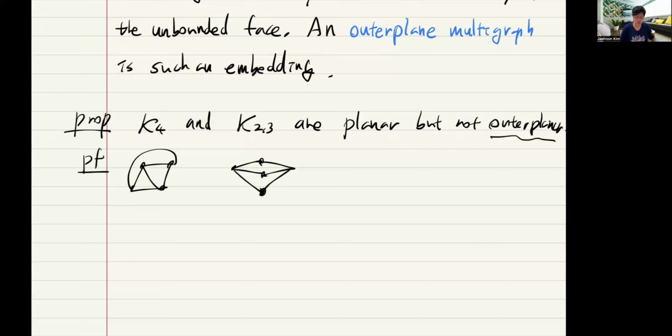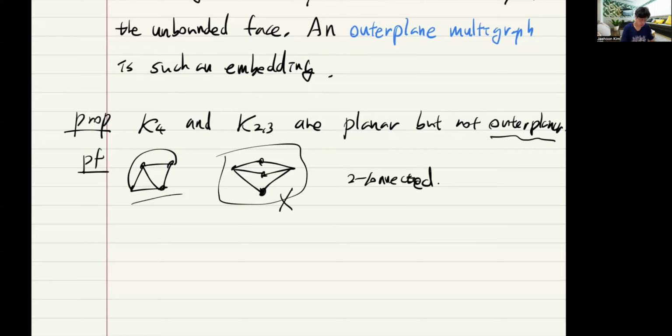To be specific, these are 2-connected graphs. So in 2-connected graphs, the boundary of a face has to be a cycle, not just any closed walk. So if this is outerplanar, then the unbounded face's boundary has to be a cycle, which is a spanning cycle. But this does not have a spanning cycle, so this is not outerplanar.